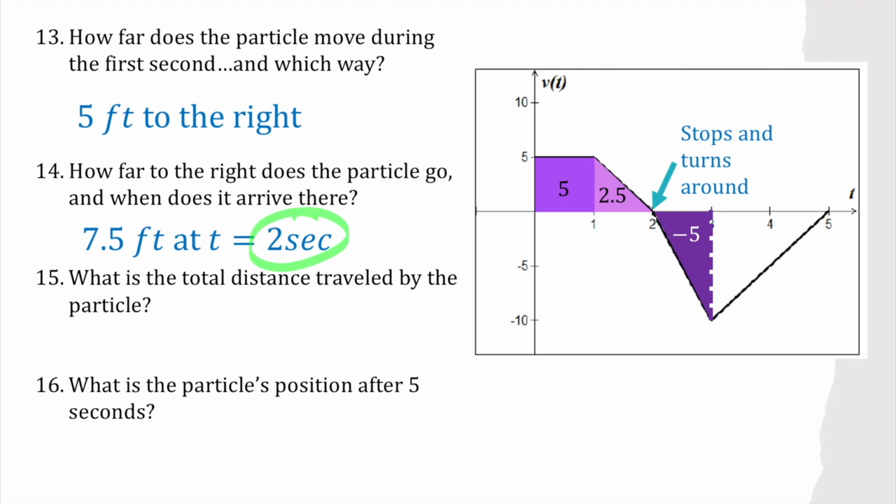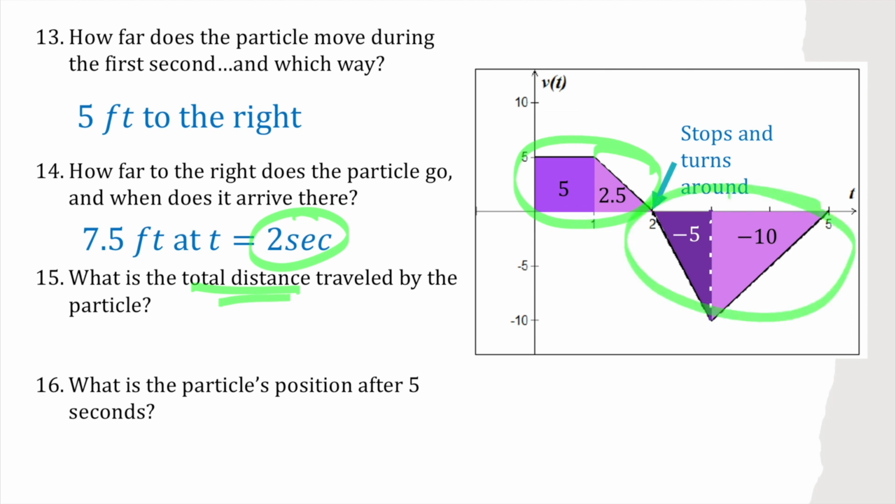What is the total distance traveled by the particle? Well, we need a little bit more area to cover here. So that triangle is -10. So total distance is this area plus this area. Now, this area counts as positive distance. Why is that if it's negative?